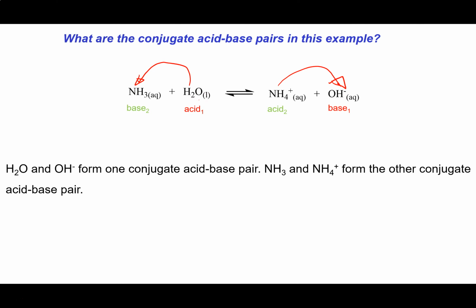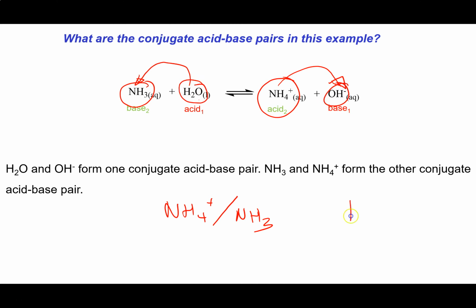So if we look at what are the acid-base conjugate pairs, it's going to be NH4 plus. This guy is the acid, and then that's the base. And then for the other pair, it's going to be water and hydroxide ion. So water is going to be the acid, and then hydroxide ion is the base.